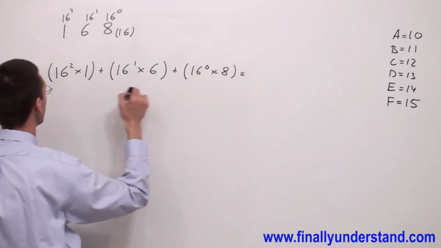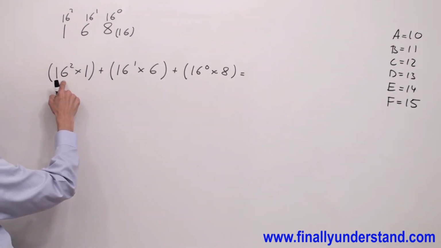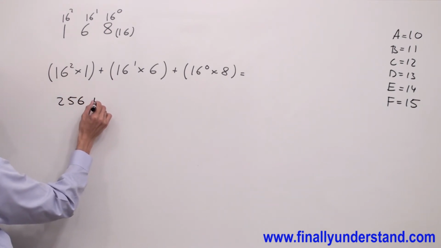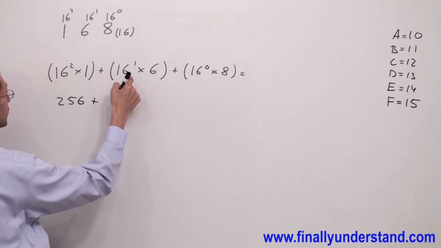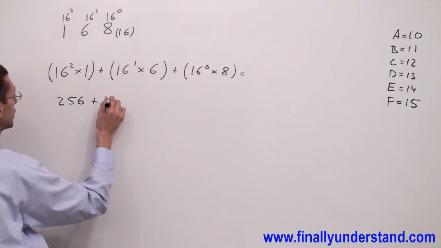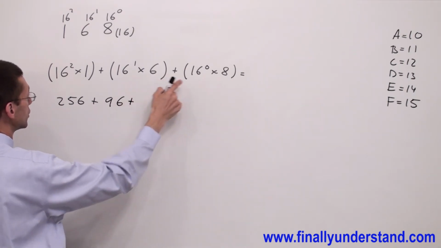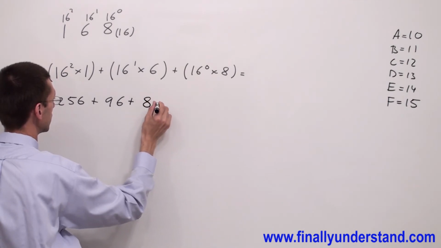This is equal to 16 to the second power is 256, times 1 is 256, plus 16 to first is 16, 16 times 6 is 96, plus 16 to 0 is equal to 1, 1 times 8 is 8.